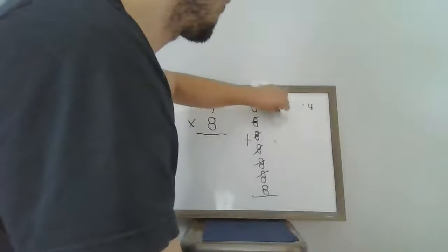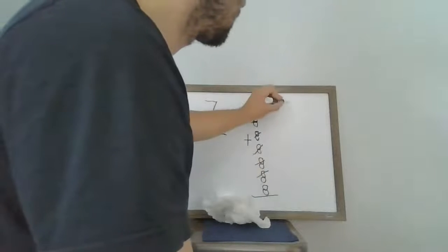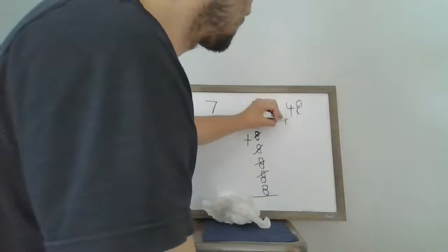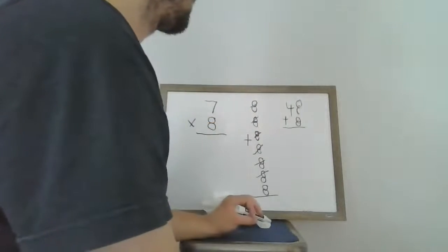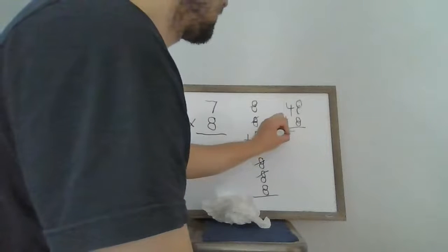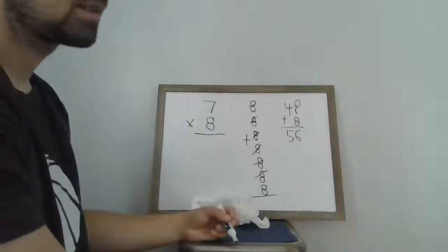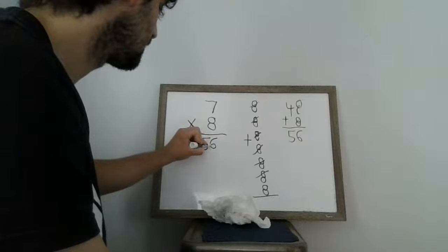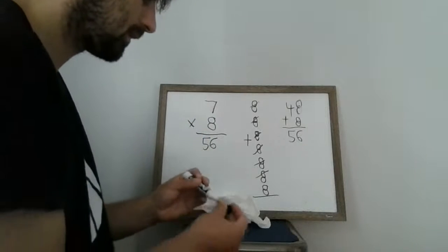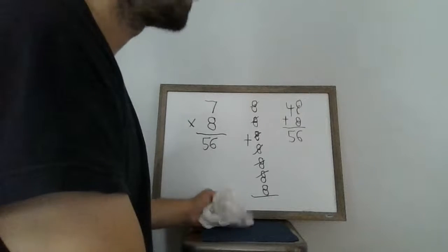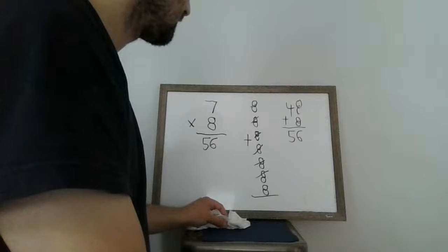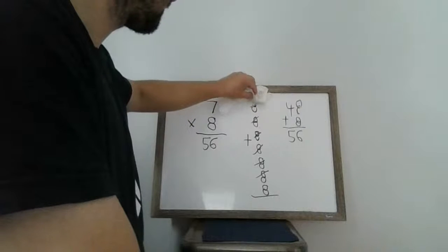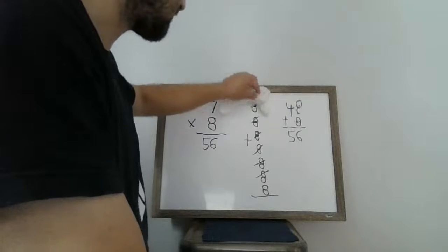One more group of 8 to add. 8 plus 8 equals 56. Seven times 8 is 56.